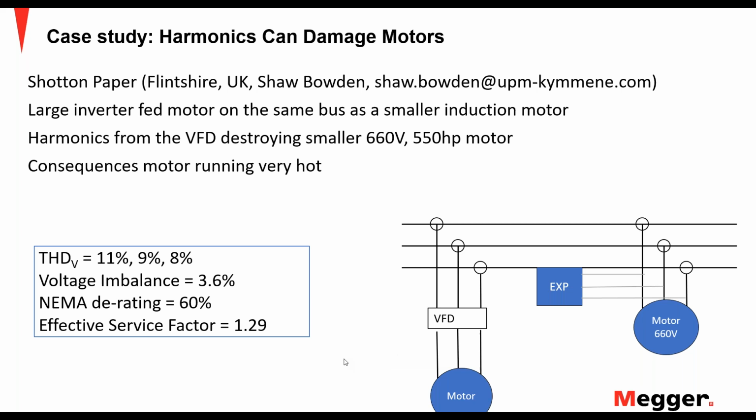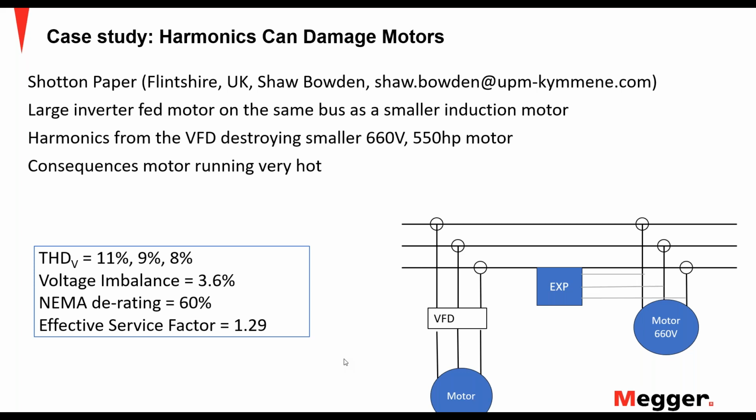and put it on the smaller motor here, it measured total harmonic distortion at 11%, 9%, and 8% for the 3 phases, with a voltage imbalance of 3.6%. So it had a NEMA derating of 60%, meaning that there's heat being caused in this motor due to voltage imbalance and total harmonic distortion.